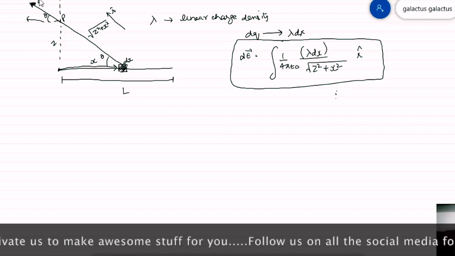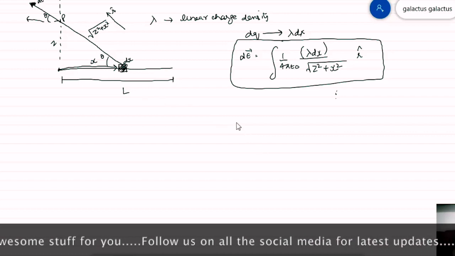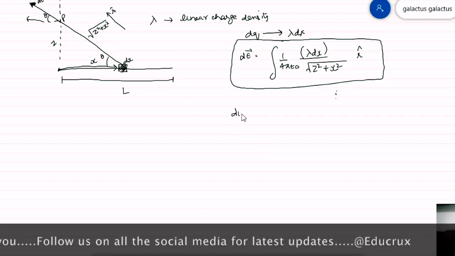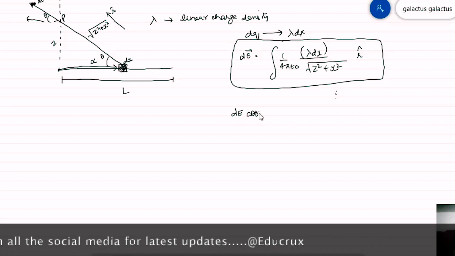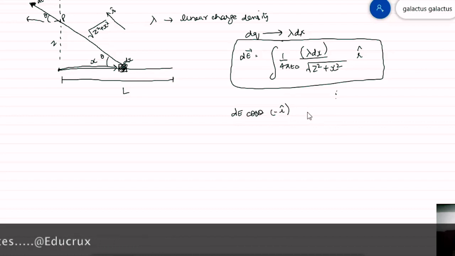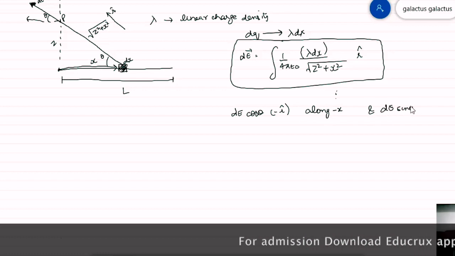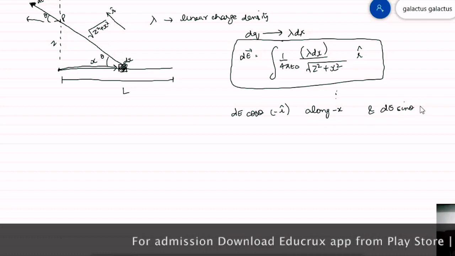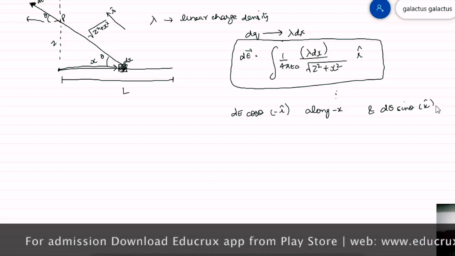And I can see my dE has two components. So dE cos theta along minus i cap, along minus x, and dE sin theta along k cap.